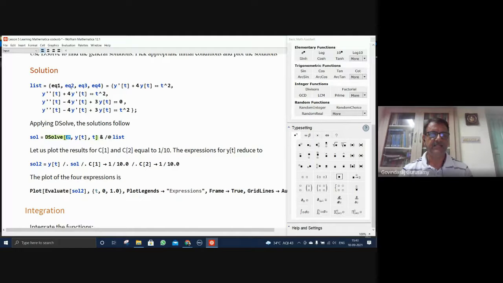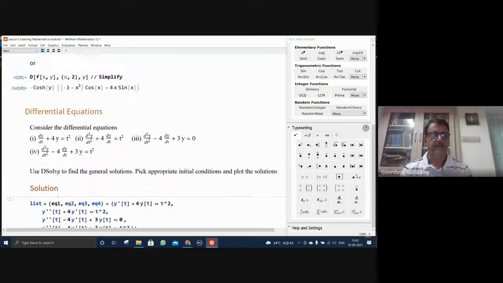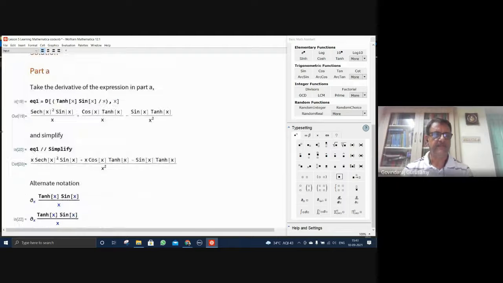So please see that these three are yet to be defined. This is already defined somewhere. Therefore, I have to make sure that equation 1, this equation should not clash with what is already defined somewhere. So what do I do? To start with here, I can clear equation 1 or, okay, see, somewhere equation is defined.